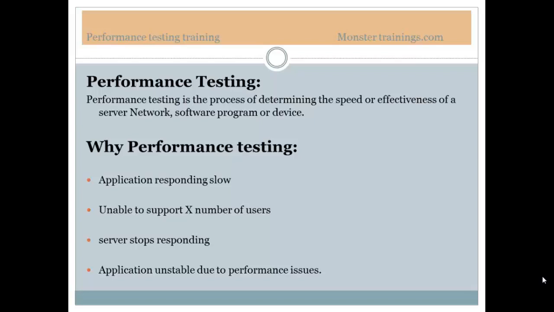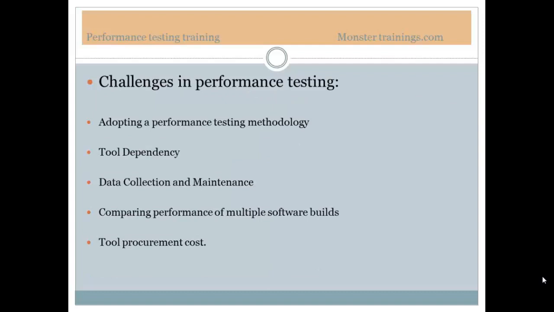So the server is not working. To overcome these kinds of problems, we do performance testing. Another reason is an application that is unstable due to performance issues. When the server is not responding, the system and the application will hang, so the user has a very bad experience. To overcome these things, we come to performance testing.